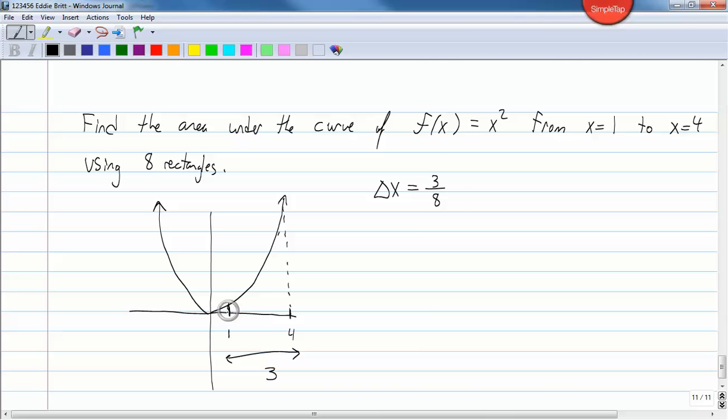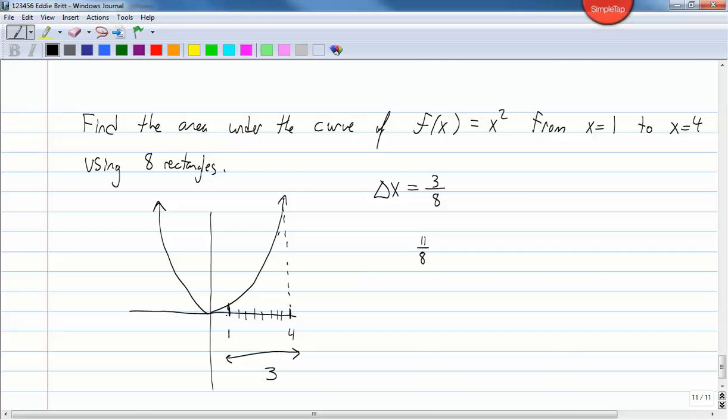Now the left endpoint here is 1. So if I wanted 8 of these, then to get my next x value, I don't add 3/8 to 0, I have to add it to 1. So that's 8/8 plus 3/8 is 11/8.